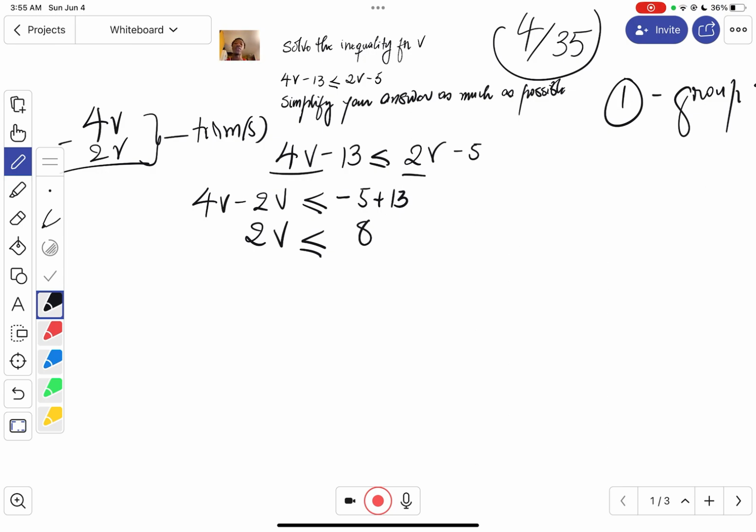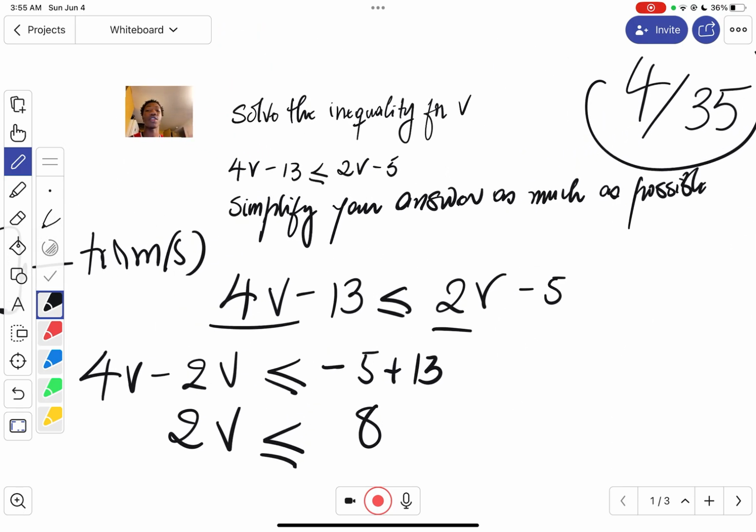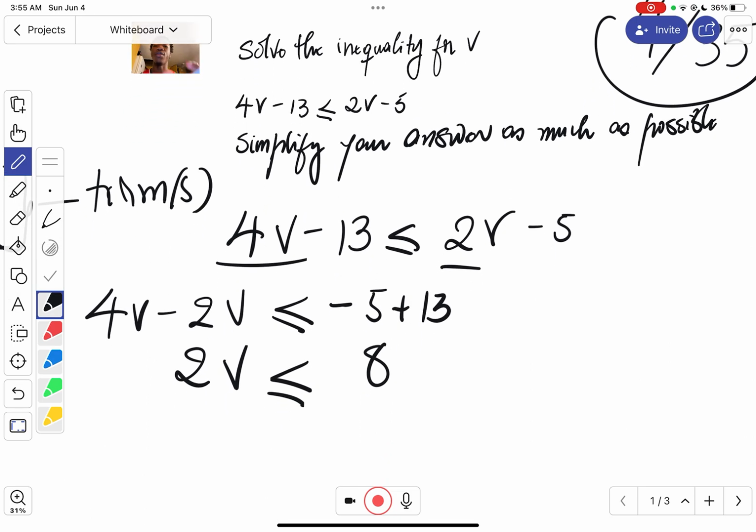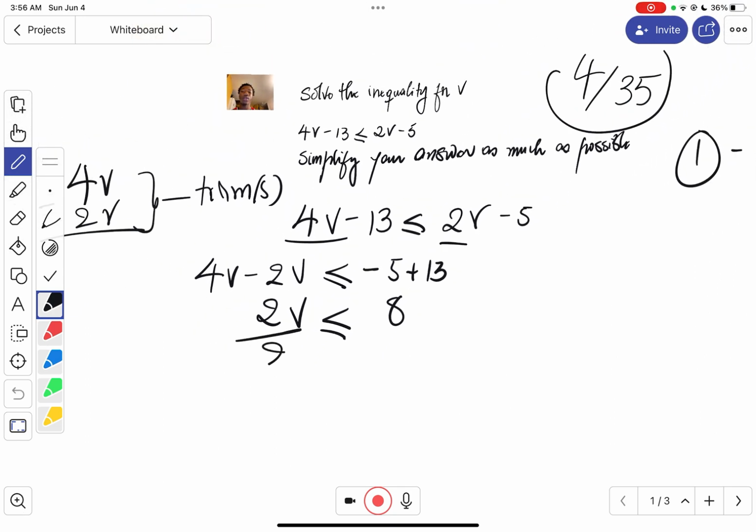In our case this number is 2, because if you divide 2v by 2, you won't get any number in front of the v. If you divide one section of the inequality by a number, you have to do the same for the other section too, because we need to keep the inequality true. So we're going to divide by 2, because we want to get v by itself.